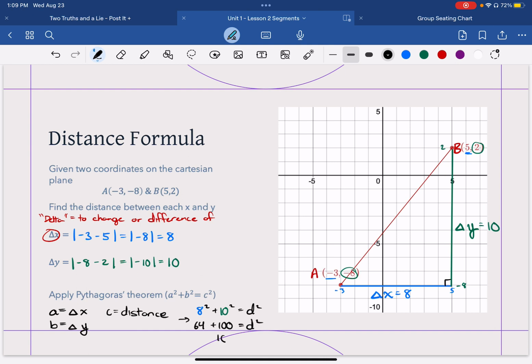We end up with 164, which equals d squared. And so therefore, d is equal to the square root of 164. Now, what does that mean to us? Not much, but let's check it out. This is essentially 2 times radical of 41, which our distance is going to be about 12.8 units.